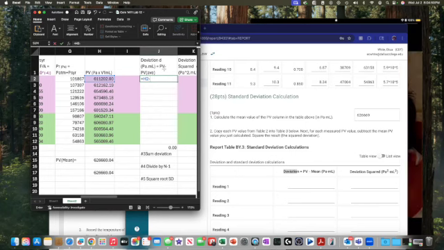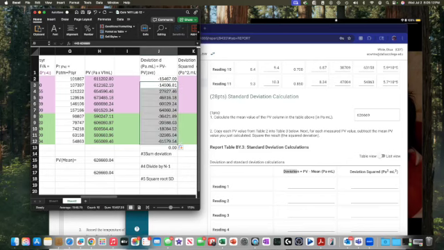The actual number is 626,669. Let me try that and see. Okay, first one works. Let me try it and see if the second one works. Okay, 626,699. Let's keep going. Try all the way down here.